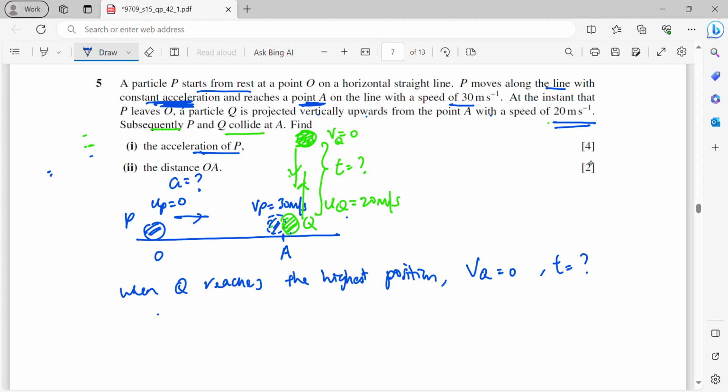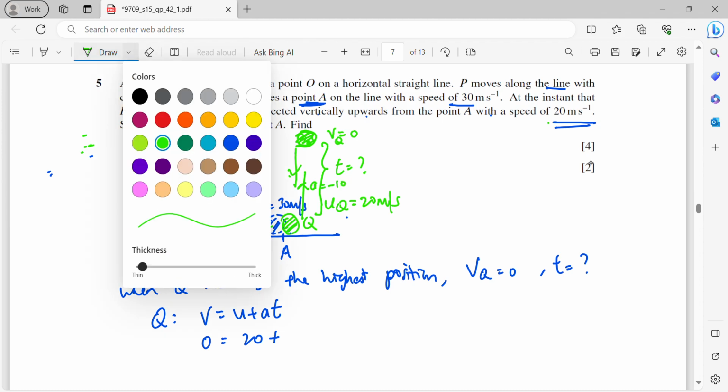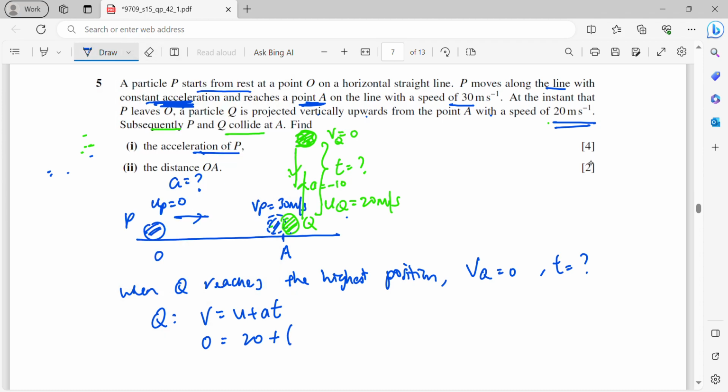So now I will write, this is referring to the particle Q. I will say V equals to U plus AT. So the V will be 0 at the highest position. The U for Q will be 20, plus A, because now it is moving up, right? That means the A is going to be negative 10. Then the T is unknown.